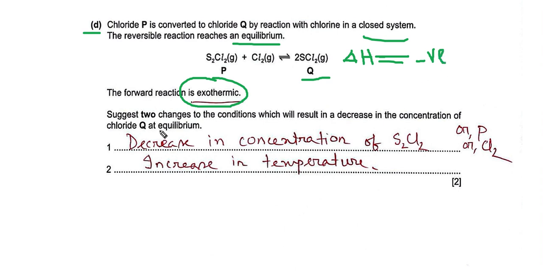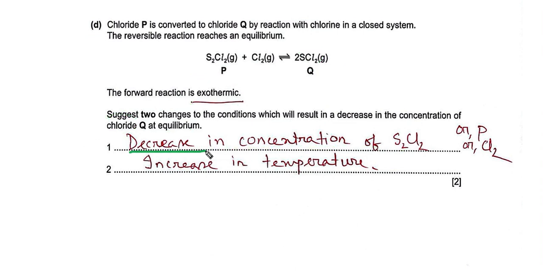You are asked to suggest two changes to the conditions which will result in a decrease in the concentration of Q at equilibrium. Number 1: decrease the concentration of S2Cl2.